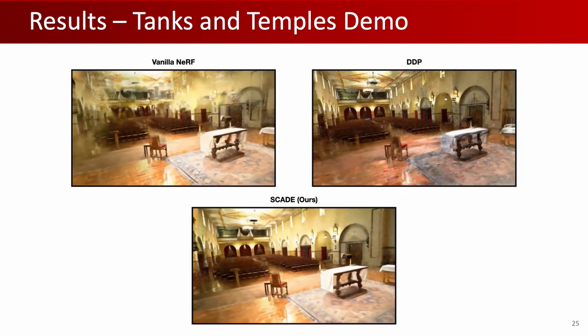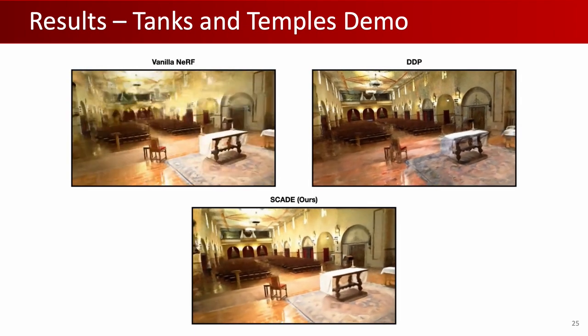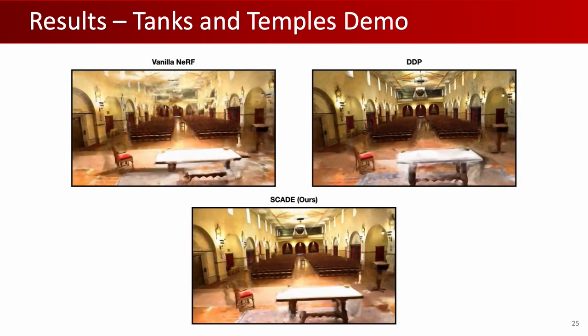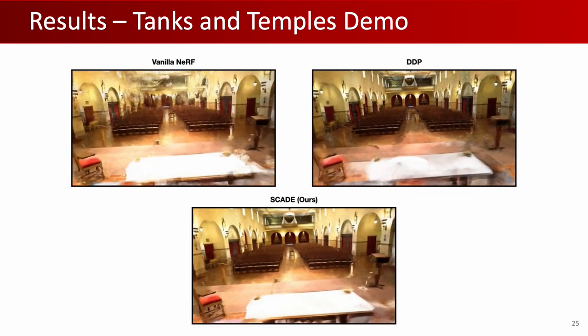Finally, here is a scene from the Tanks and Temples dataset, where we see our output results in cleaner reconstruction as our space carving loss supervises in 3D and is able to clear up dust in front of object surfaces.